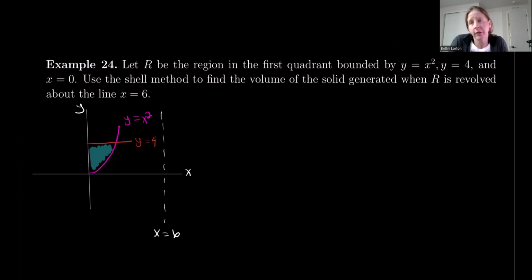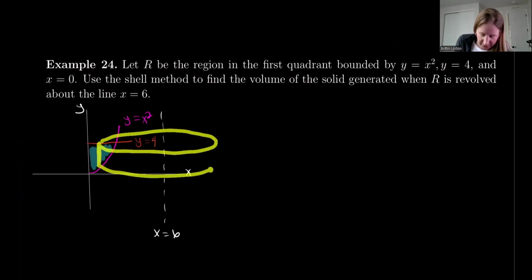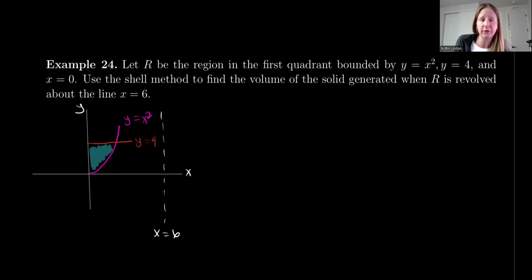It doesn't say what method, so I could choose any method I want. But remember, you don't really choose the method. You choose the sliver. The sliver then chooses the method. So I get to just choose whatever sliver I want. I don't really know. Sometimes one's easier than the other, like we saw before. If I were to choose a vertical sliver, and then do that revolution, I can visualize that. That definitely is creating a shell. I think shell method is totally fine.